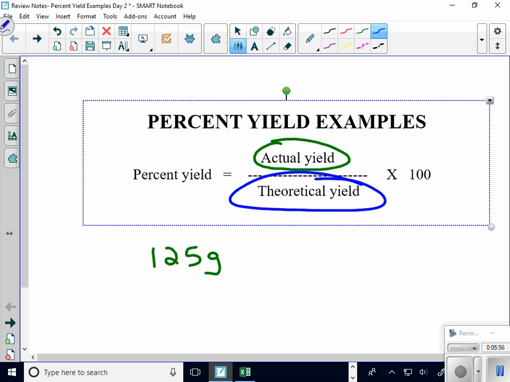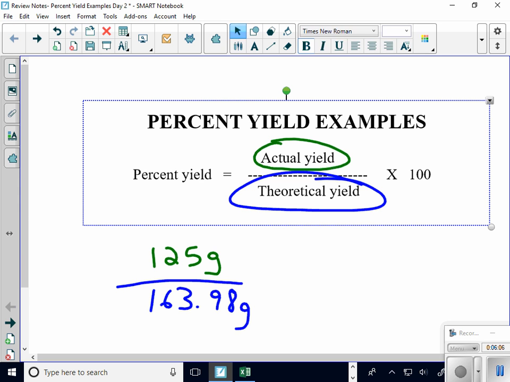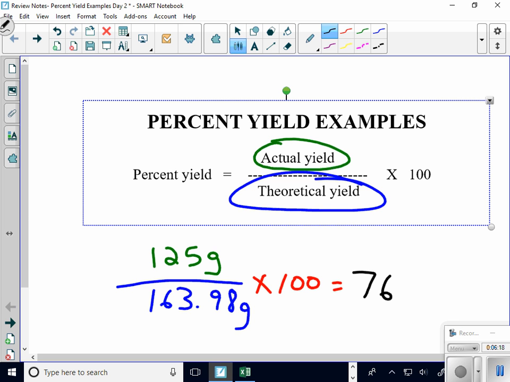My theoretical yield was 163.98 grams. Multiply that by 100 to put it into a percentage. And now I'm going to sig fig my value to 3 significant digits, 76.2%.